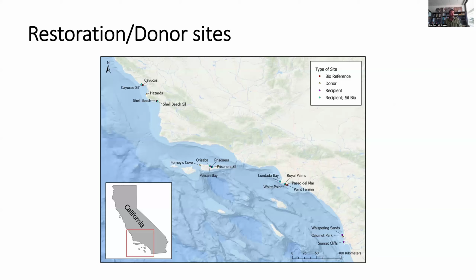This was due to an incident where, so kelp, this was about the period where kelp had declined significantly along the Northern California coast and also on San Miguel Island.